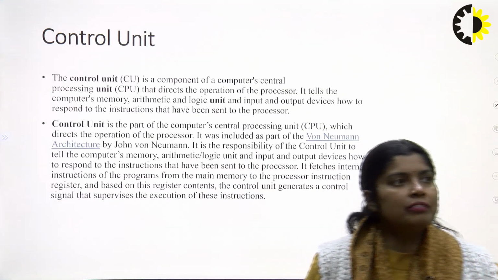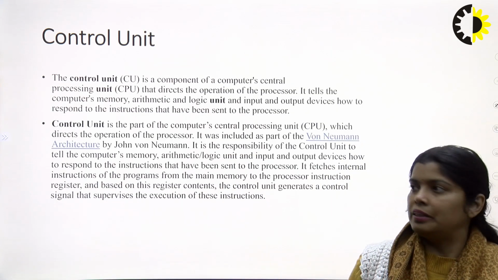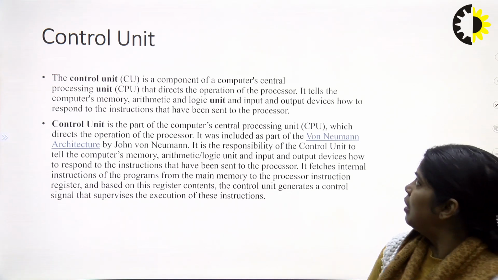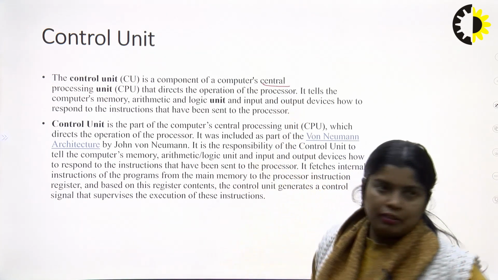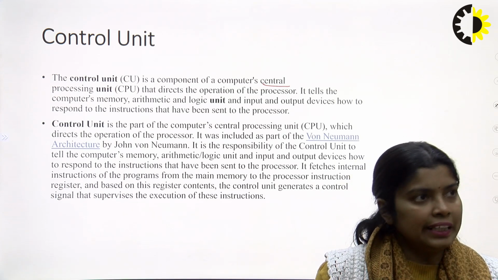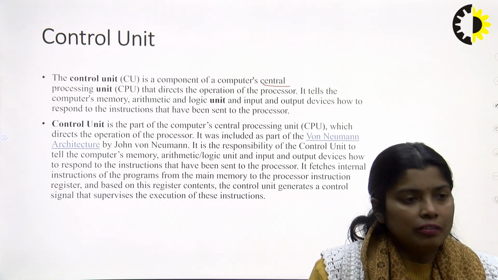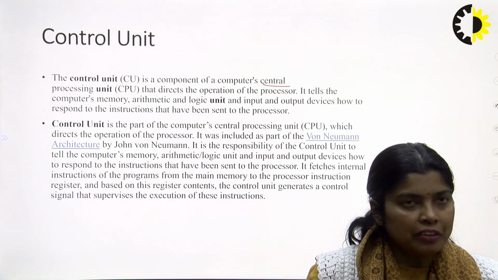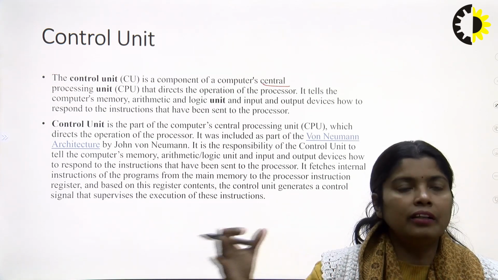Now first we are going to discuss the control unit. Actually, the control unit is a component of the central processing unit. As the name suggests, it controls all the operations and whatever communication is going on between the hardware components.